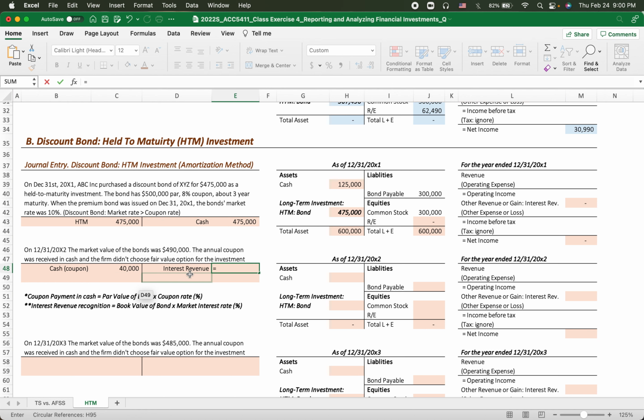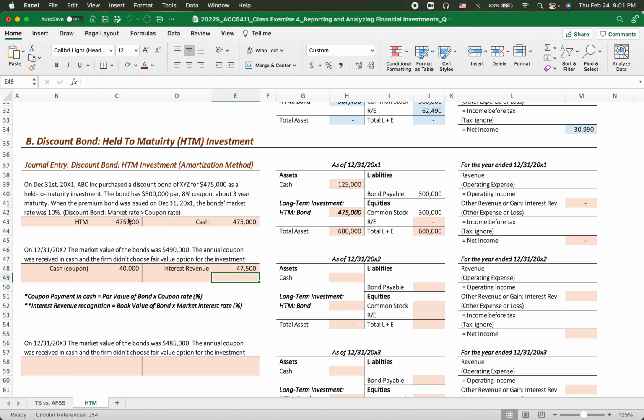So how do we calculate the interest revenue? 475,000 investment. We have to look at this interest revenue from the perspective of the investor. So investment amount 475,000 times the 10% market rate.